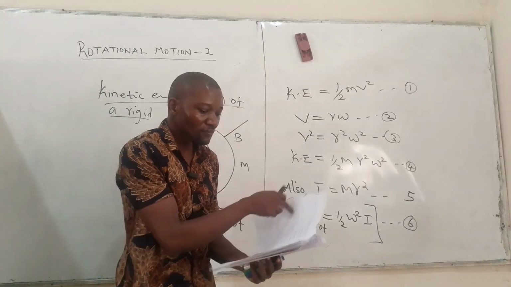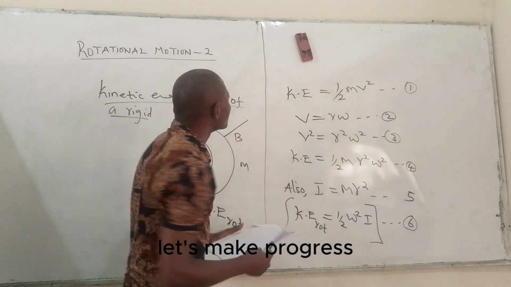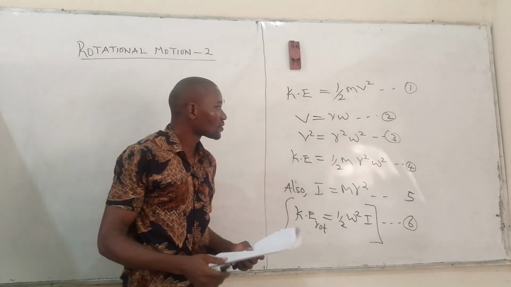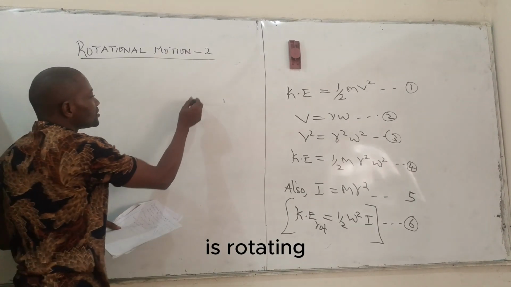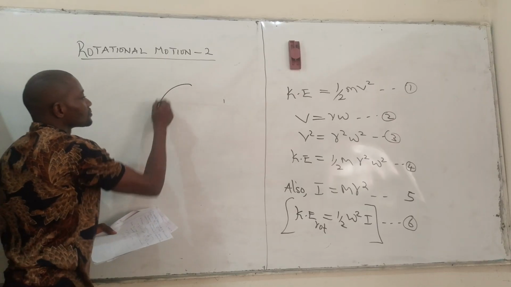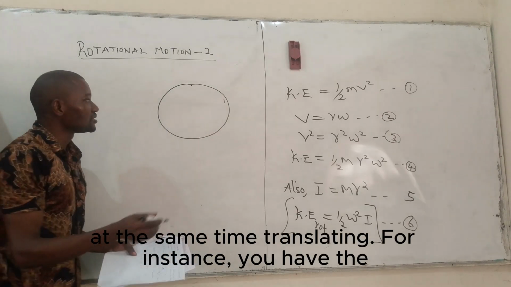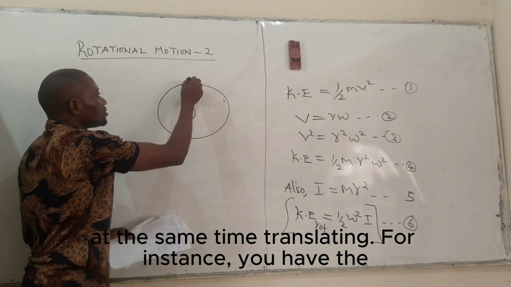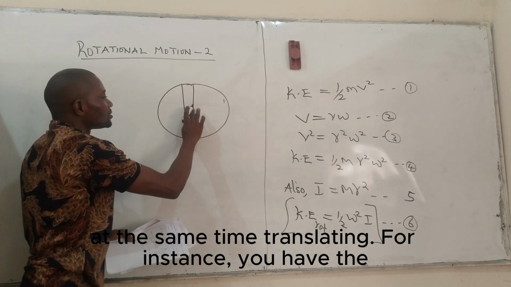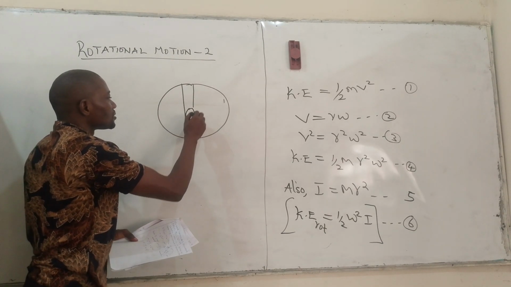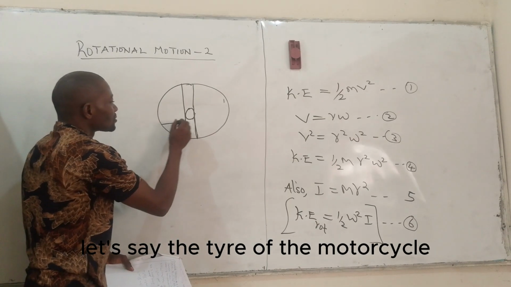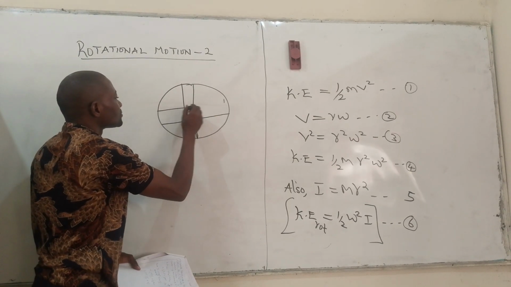Okay, let's make progress. It is possible that an object is rotating and at the same time translating. For instance, let's say the tire of a motorcycle.